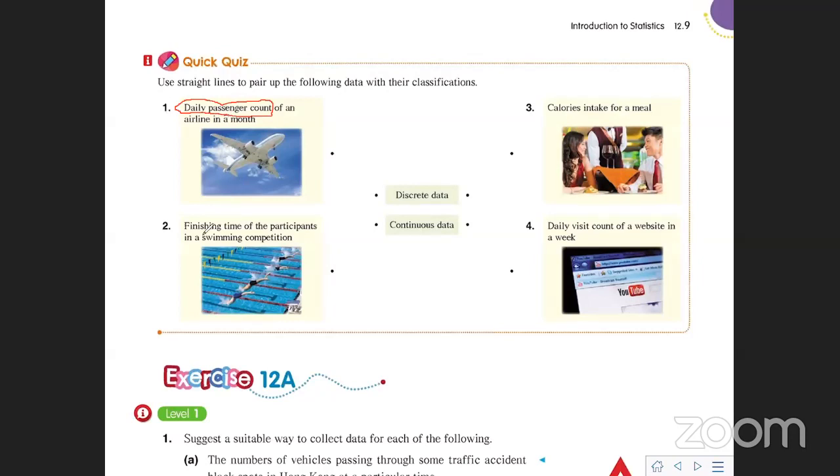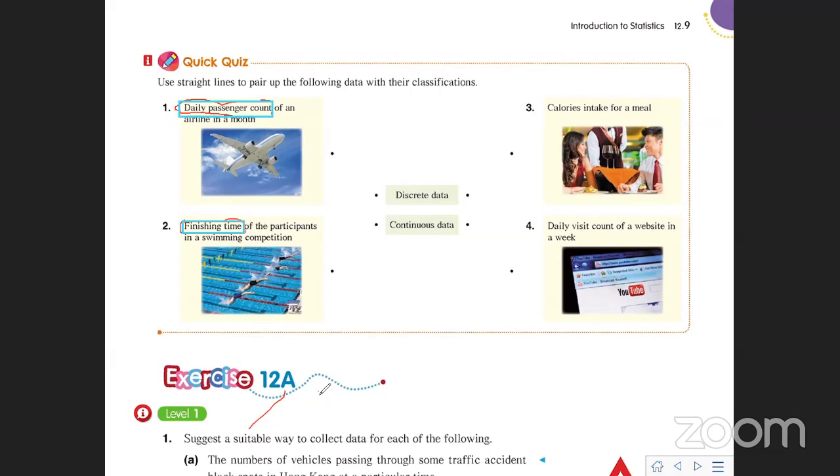And then for number 2, finishing time of the participants in the swimming competition. This is the data, the time. For example, in the competition, it may be in seconds.